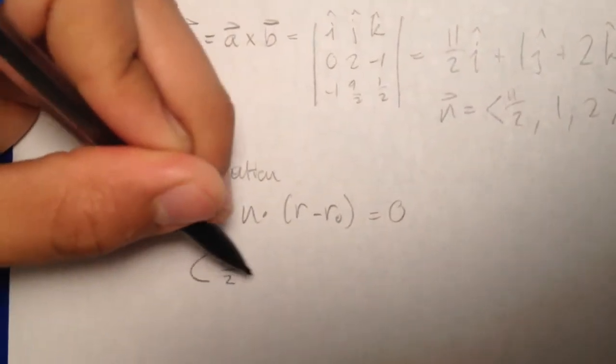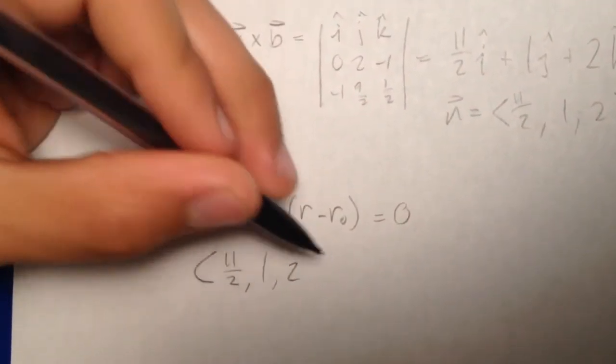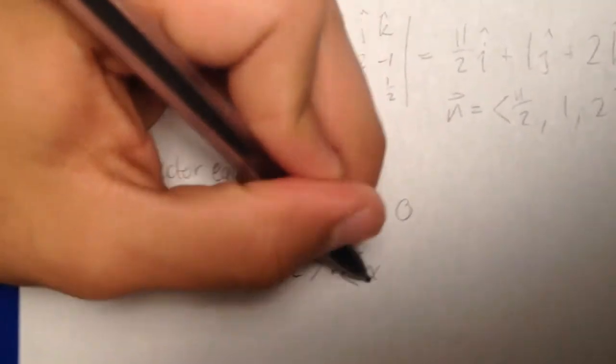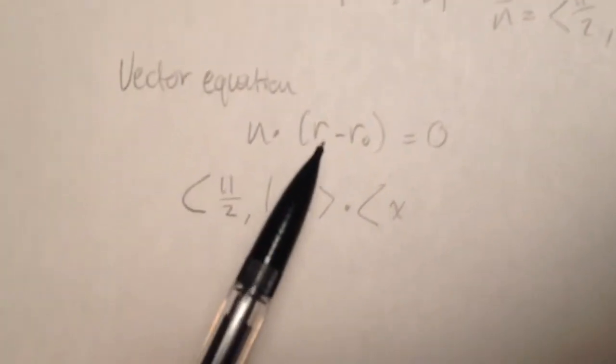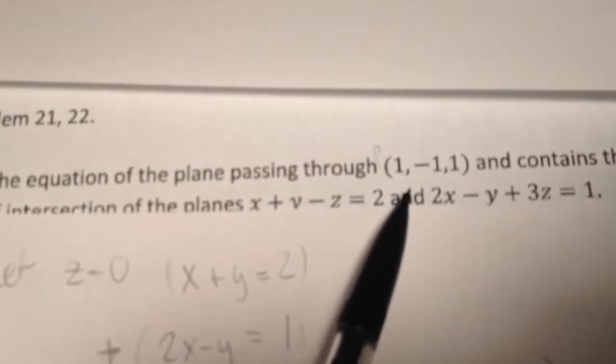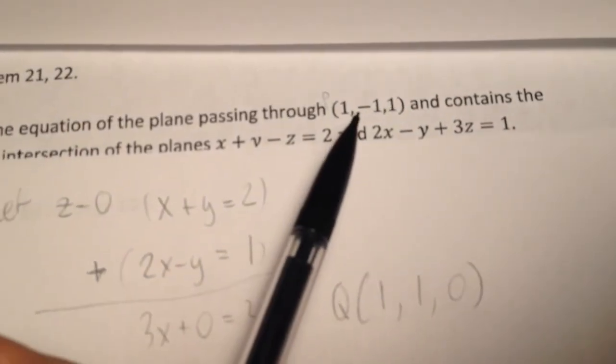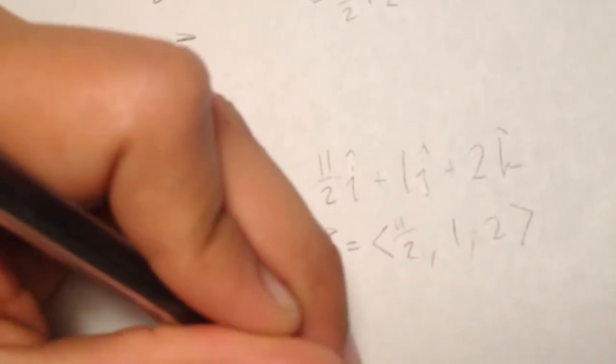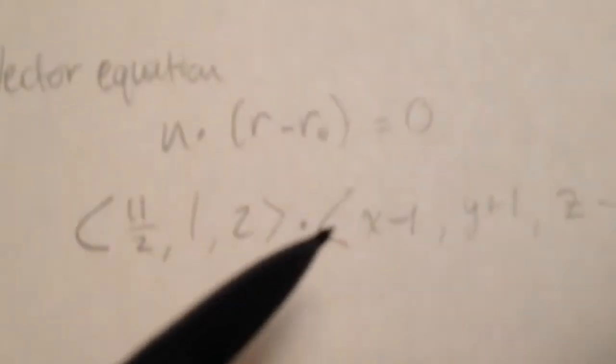So (11 over 2, 1, 2) dot, and then for R naught we're going to use the original point and the vector R to make a vector. So (x minus 1, y plus 1, z minus 1), using the numbers from the original point.